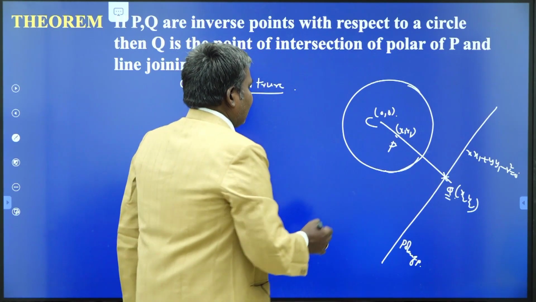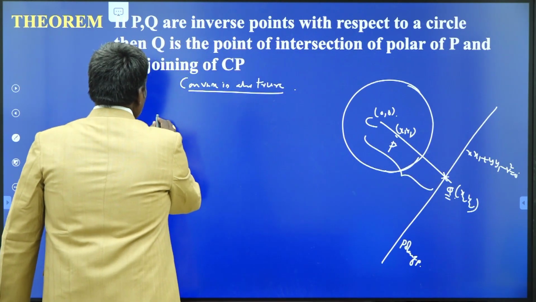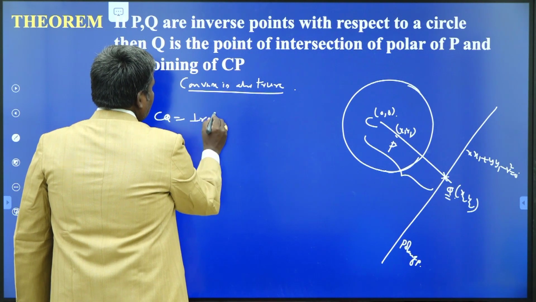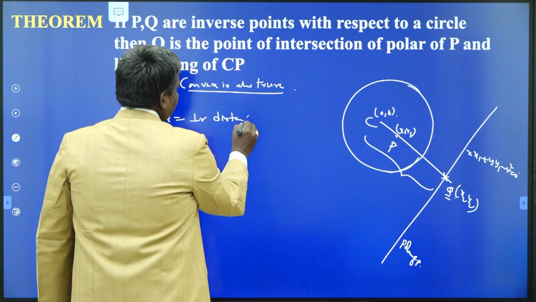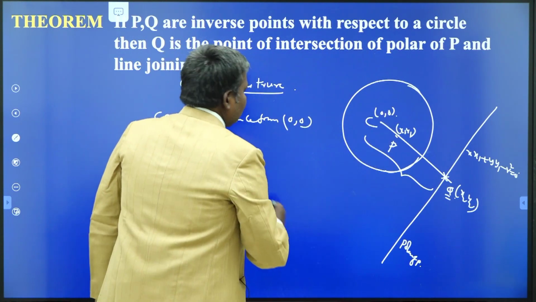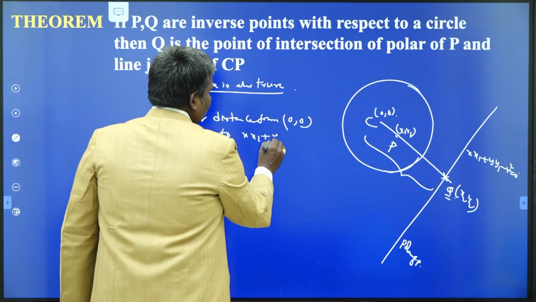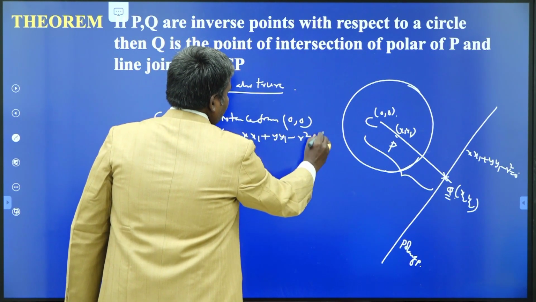Can I find CQ or not? CQ is nothing but the perpendicular distance from (0, 0) to the polar of P. What is the line? x x1 + y y1 - r square equal to 0.